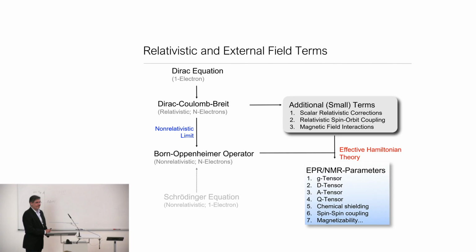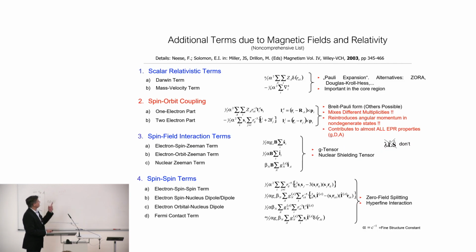So on the next slide, I want to scare you a little bit, and this is intentionally anti-pedagogical. So these are the explicit expressions for all of these relativistic terms and corrections, and obviously we're not going to study all of them here, but they are closed form expressions.